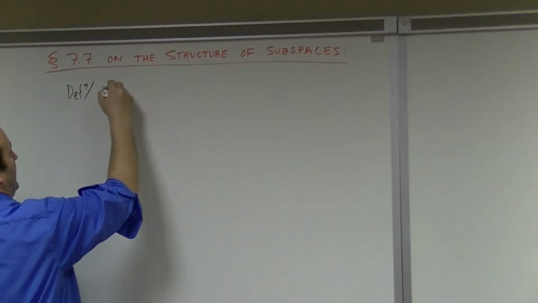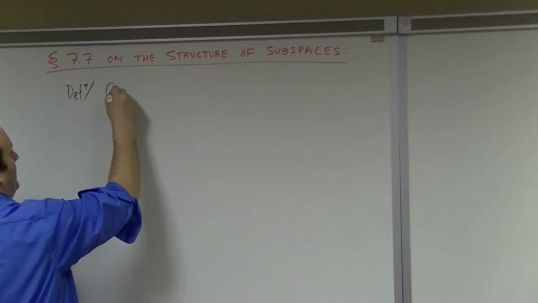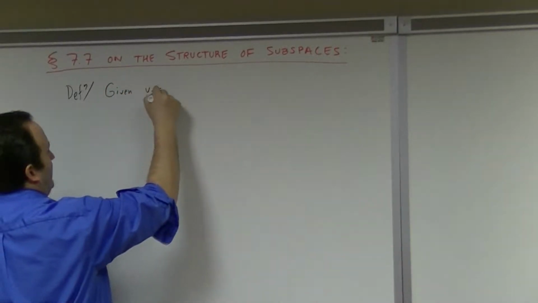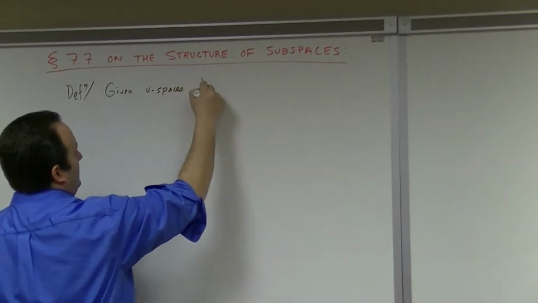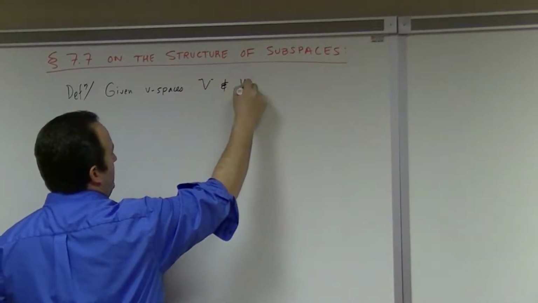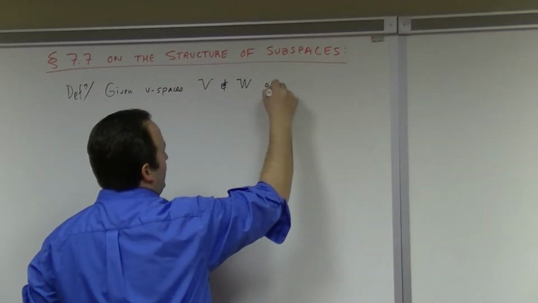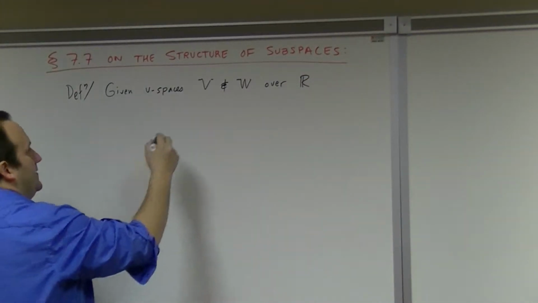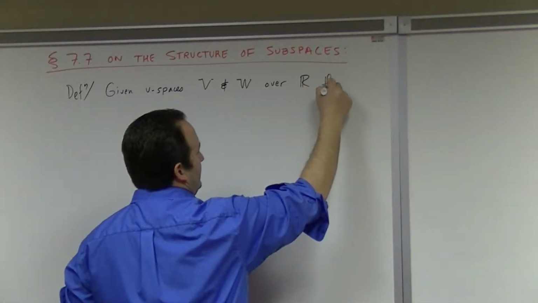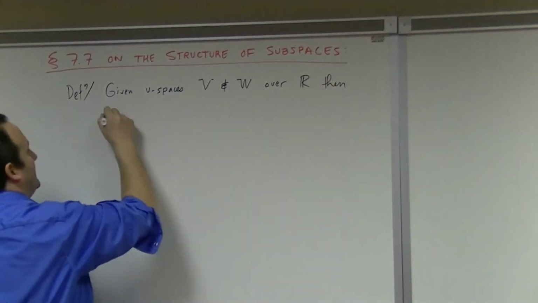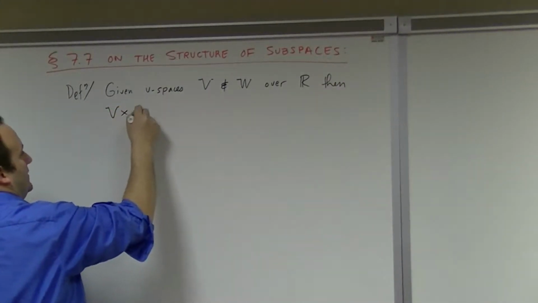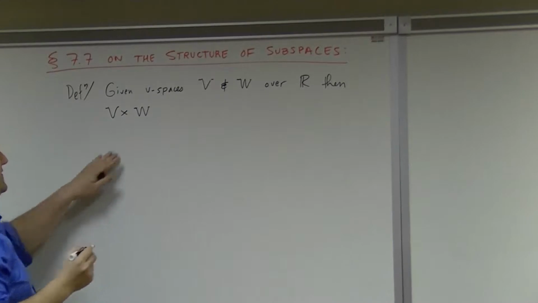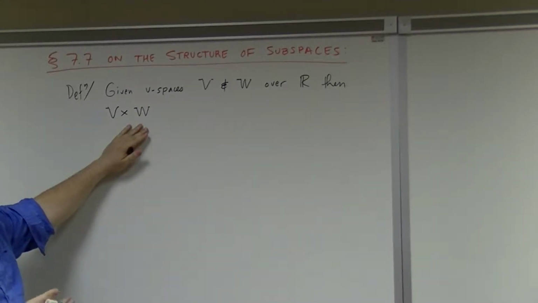But if we have vector spaces, let's say V and W, and let's say over the reals, since we don't know any better, that's not an essential feature though, right? Then V cross W, the Cartesian product of V and W. So this is defined in terms of set theory. It's a well-known thing.